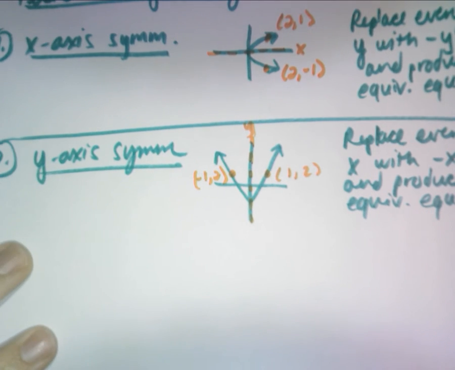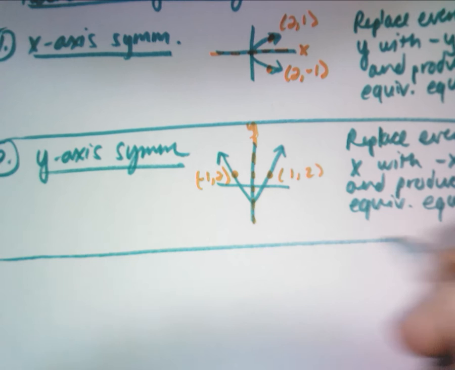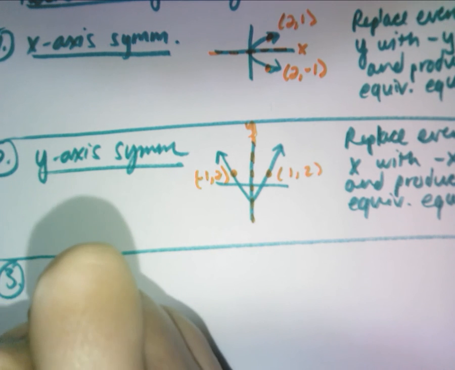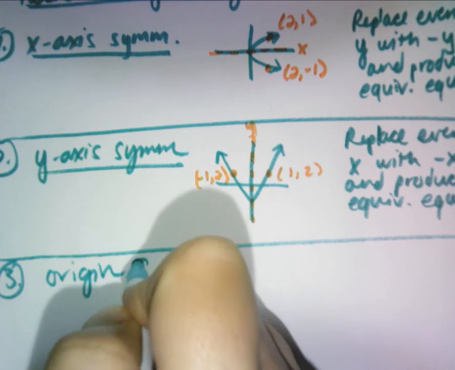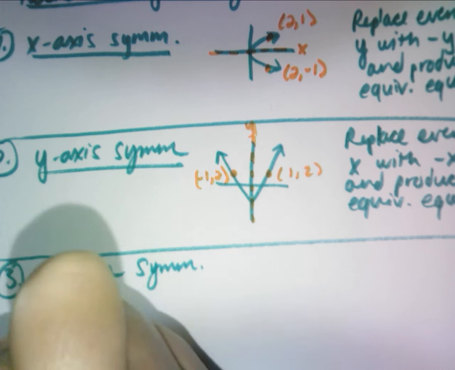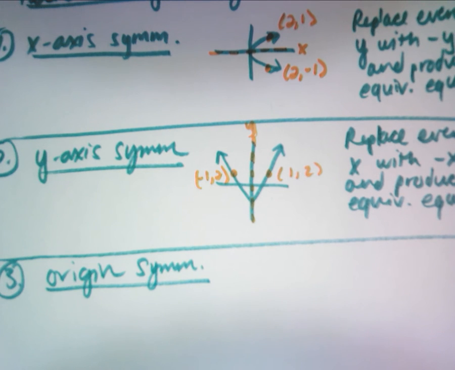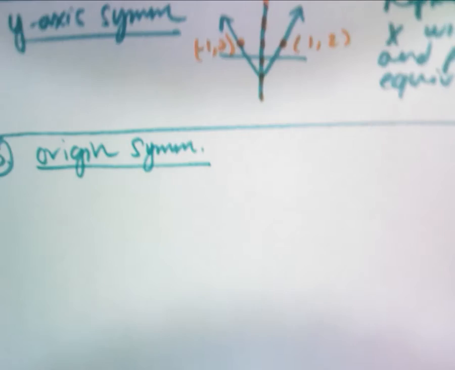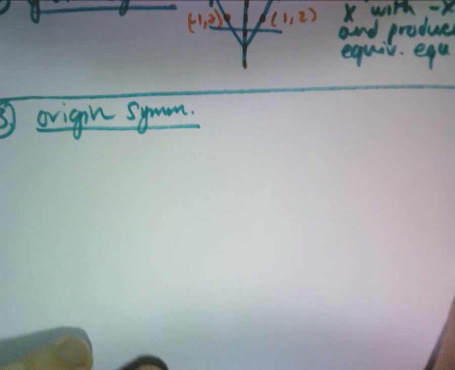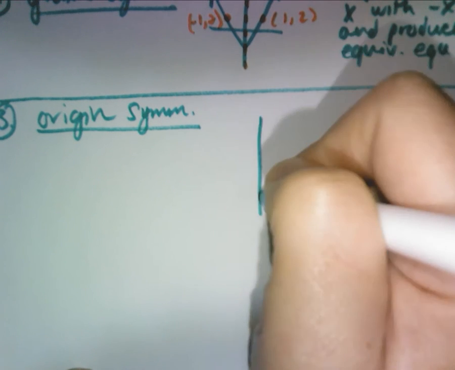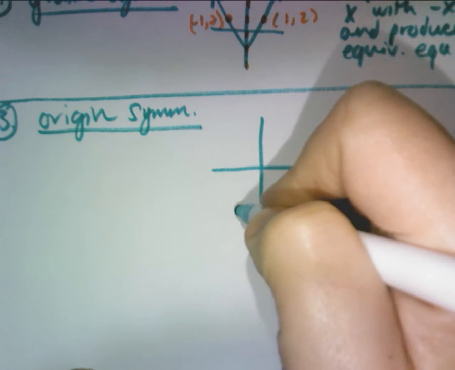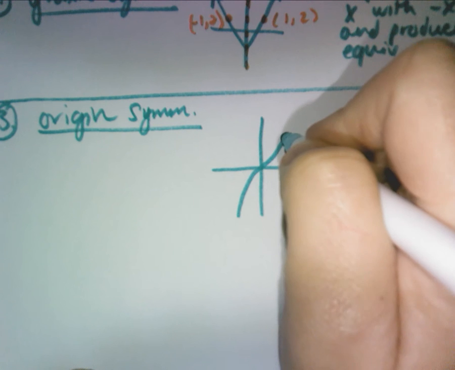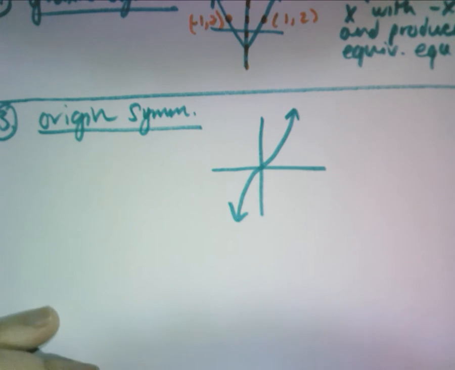Okay, so x-axis symmetry, y-axis symmetry. Then there's one more. It's called origin symmetry. And let me explain origin symmetry. So your most common origin picture, let's see, would be this one. Okay.